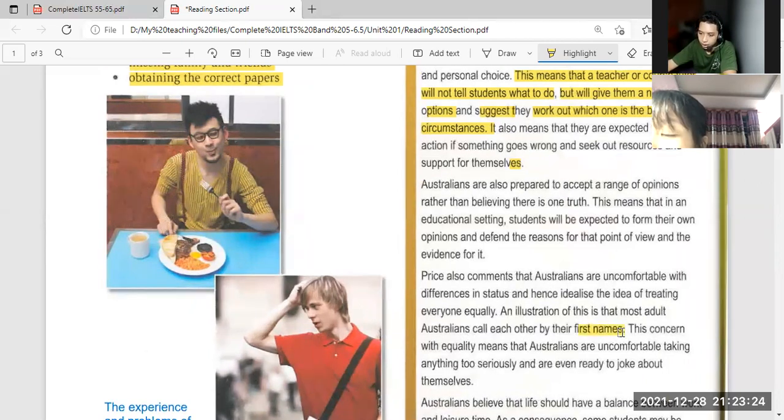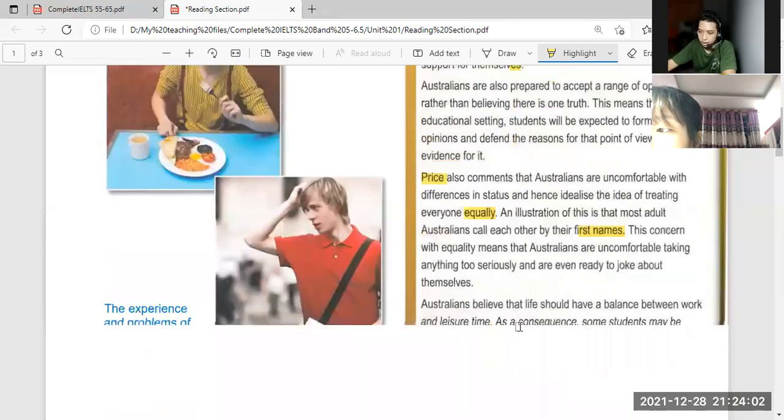Very good. Can you please read it from here? Price also comments that Australians are uncomfortable with difference in status and hence the idea of treating everyone equally. An illustration of this is that most Australians call each other by the first name.